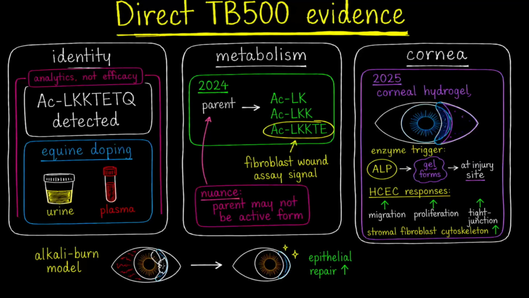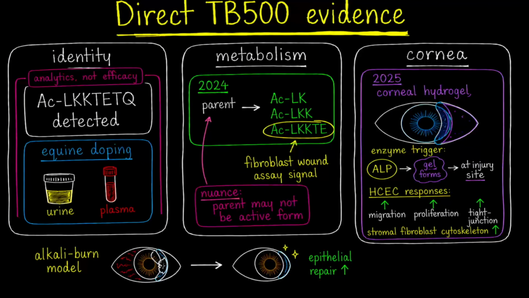They also tested the hydrogel beyond the cell culture using an animal corneal alkali burn injury model. And I just want to be clear that it was only this last part of their study that used the animal model. In that model, the TB-500 hydrogel accelerated epithelial regeneration, reduced inflammatory signals, and improved barrier recovery.